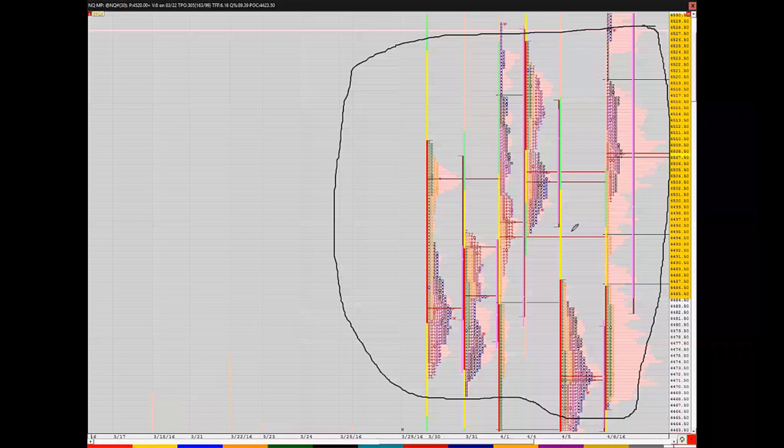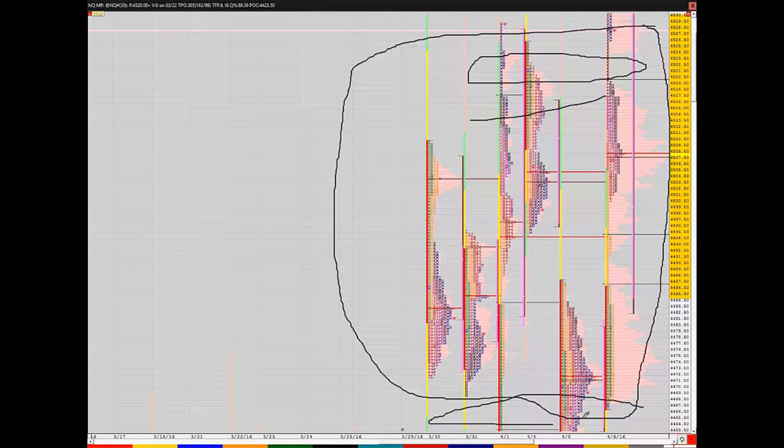And there's a lot of information that can be gleaned from what I like to call a composite of a period of time. It'll tell you where the majority of the value area highs and lows. Maybe this was the value area high for the particular group. Maybe this was the value area low.